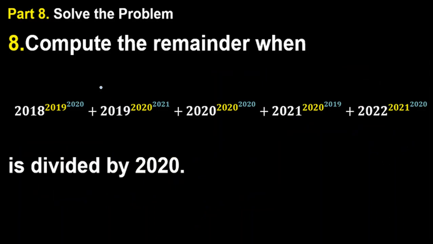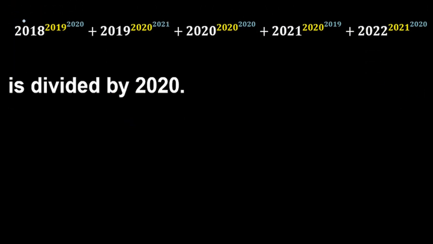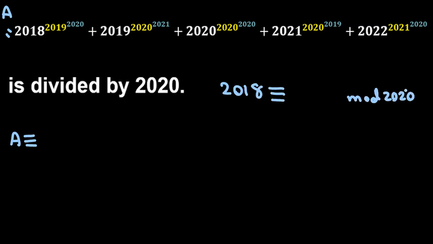Okay, now we are ready to solve the problem part 8. Compute the remainder when this number is divided by 2020. Okay, so let's solve this problem. If I want to write mod 2020, the first number, let me call this one a, will be congruent to what? Instead of 2018 mod 2020, I told you in previous parts, you can subtract 2020, it will be -2.